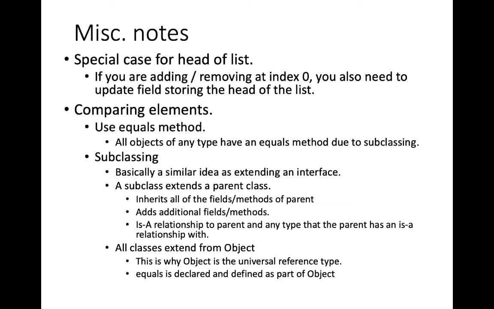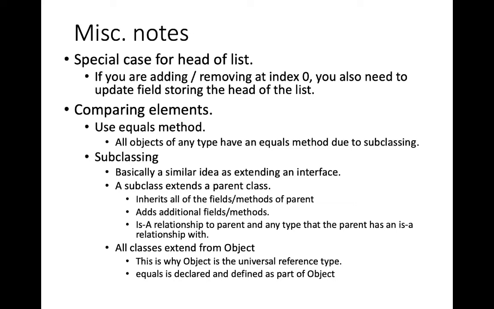So you can just use the equals method of the element no matter what its type is, and we know it's going to have an equals method because every type has an equals method. And that will return true or false if two elements are equal, right? Now, different classes will kind of use different definitions of equals. So for two string objects, it'll be, are we the same characters in the same sequence and the same length?